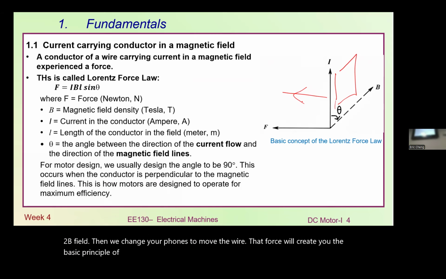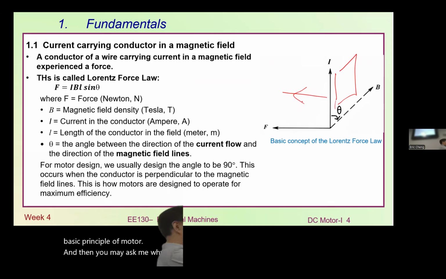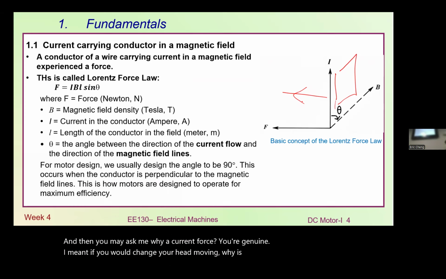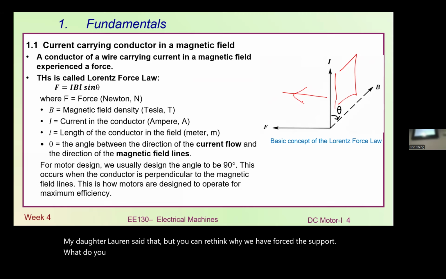And then you may ask me why a current in a magnetic field will generate movement. Why is that? Although Lorentz says that, you can rethink why we have force there. So what do you think? When I was a little kid, I asked myself, why the force?